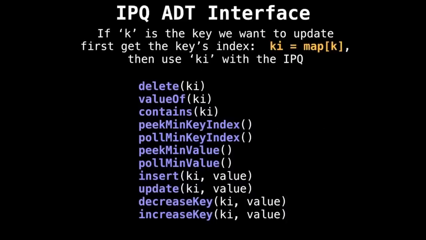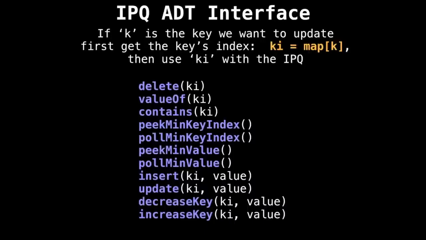We can think of an index priority queue as an abstract data type with certain operations we want it to support. Here are about a dozen or so operations we want our index priority queue to support. These are deleting keys, getting the value associated with a key, checking if a key exists in the priority queue, getting the key index with the smallest value, getting the smallest value in the index priority queue, being able to insert and update key value pairs, and finally, the specialized update operations, increase and decrease key, which I'll talk about at the end.